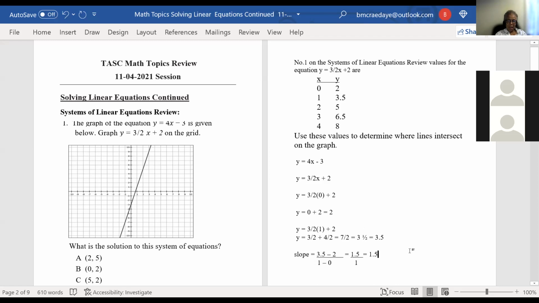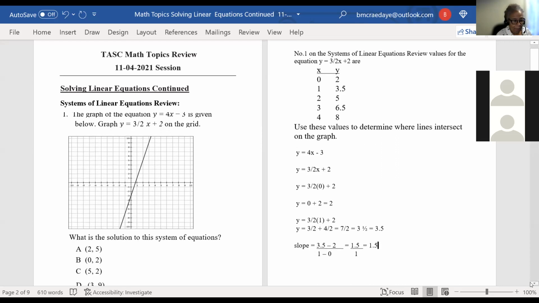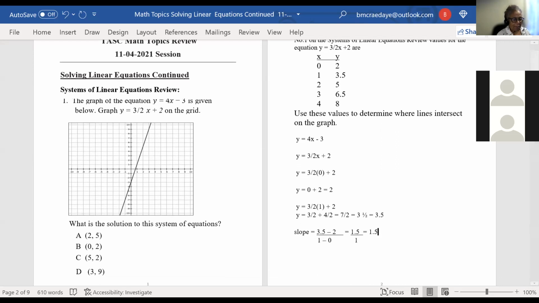3/2, 1.5. But what is the solution to this system of equations? I cannot see D. What is D? Can you scroll up? There's D. D is 3.9.